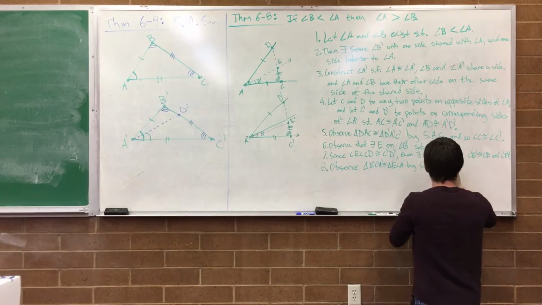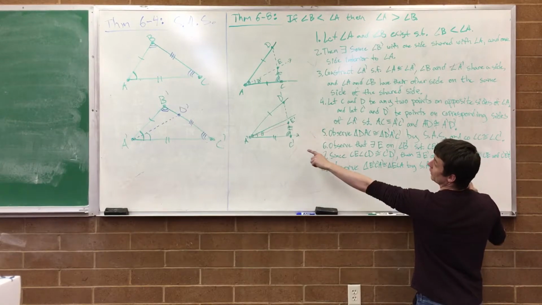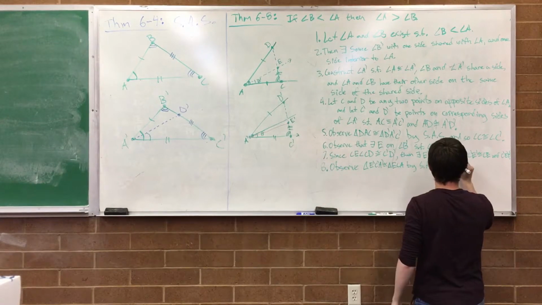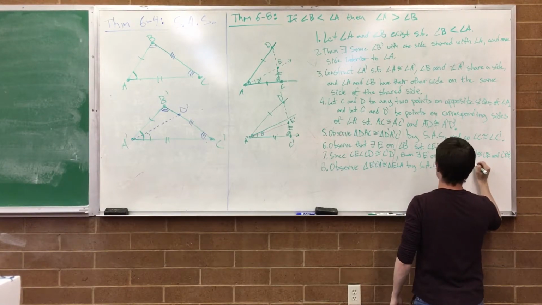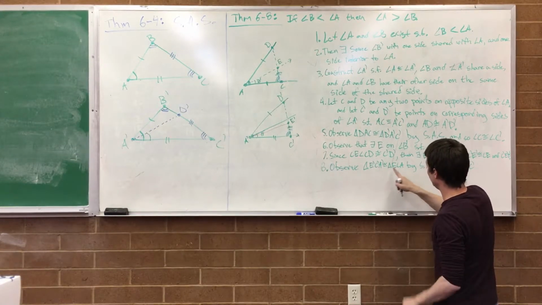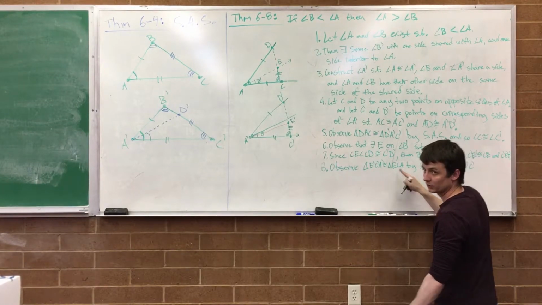And so angle E prime, A prime, C prime is congruent to EAC, which is the same thing as B prime.